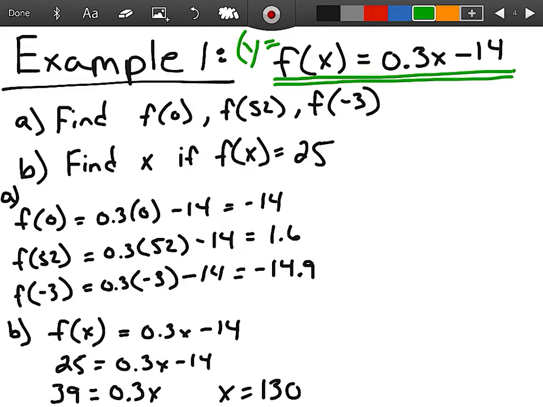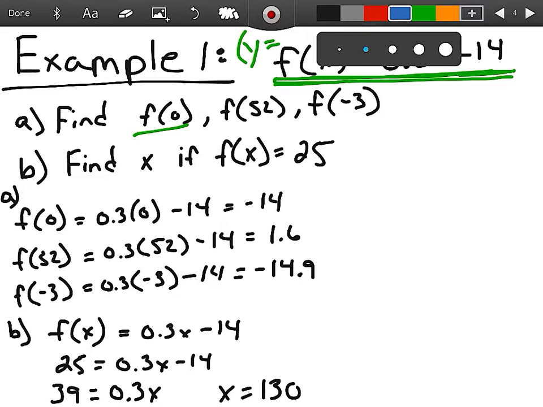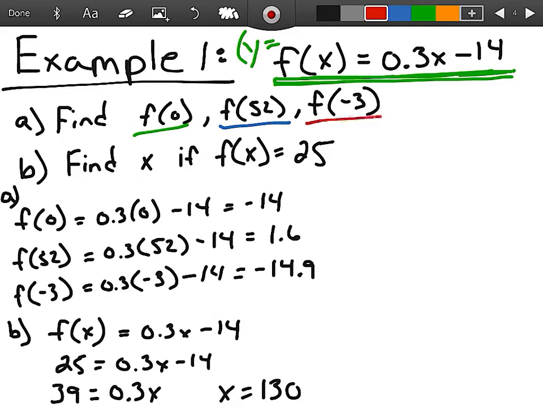That's my function. Now, what I'd like to do is see what it looks like at f of 0 in green, f of 52 in blue, and f of negative 3 in red. So let's look at the green.